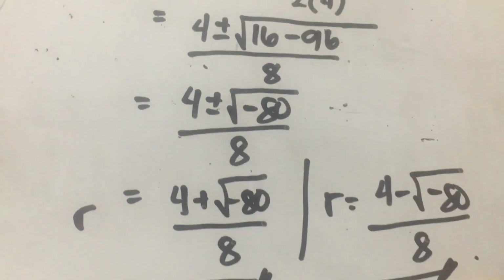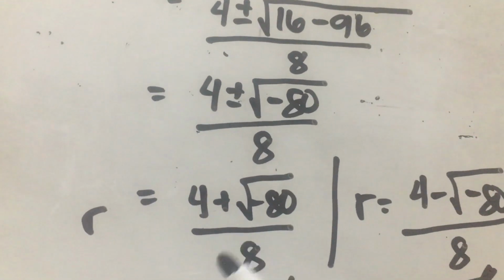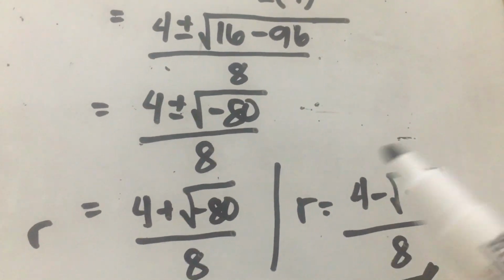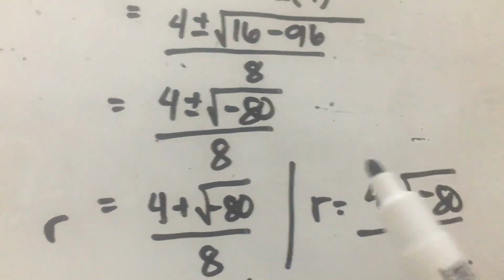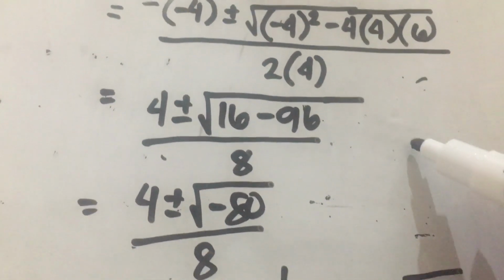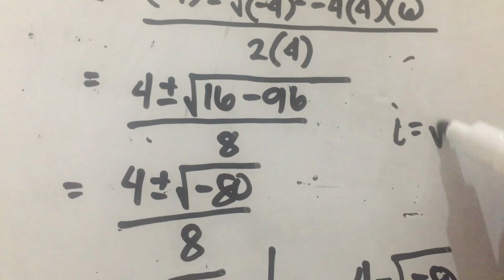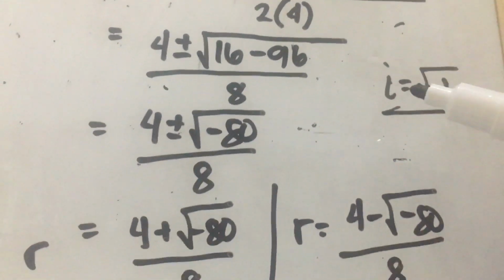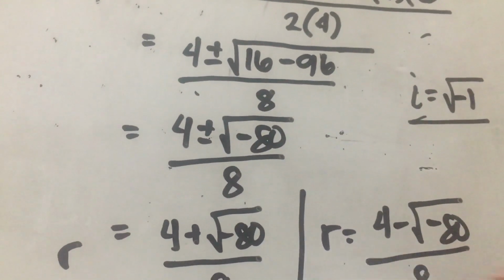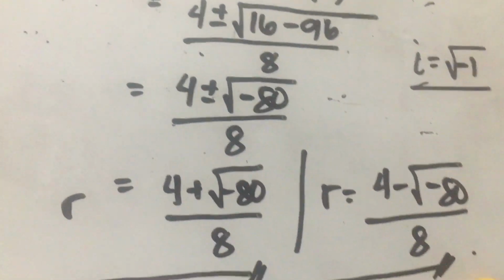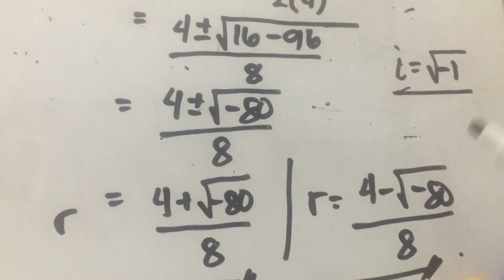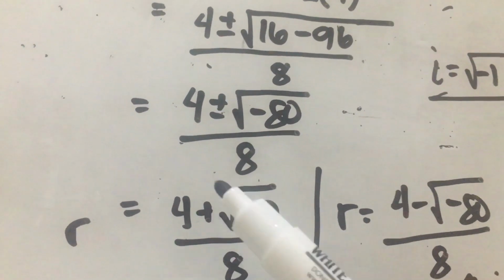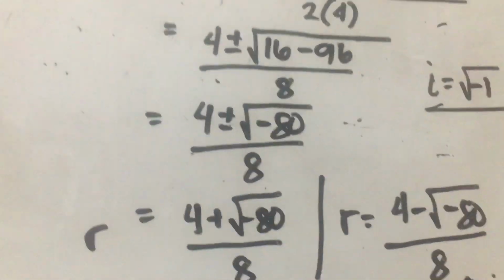If you want to simplify this, you can. We can still simplify the square root of negative 80, but for grade 9 students, let us stop there, because imaginary i is equal to the square root of negative 1, and we will not yet simplify the square root of negative 80 because we still have our topic on radicals. If it can't be simplified using your calculator, that is as far as you go.